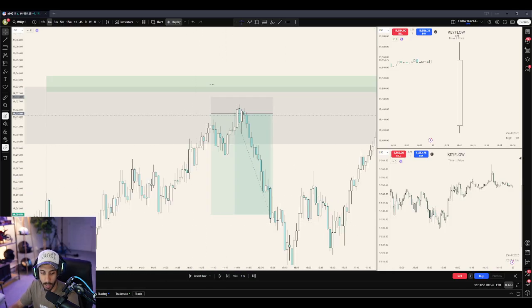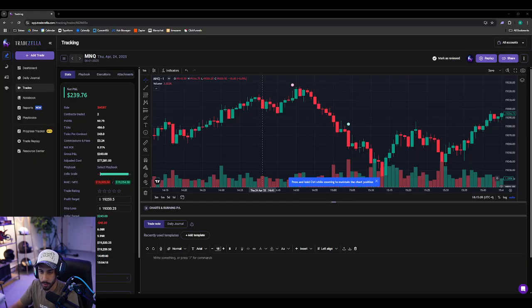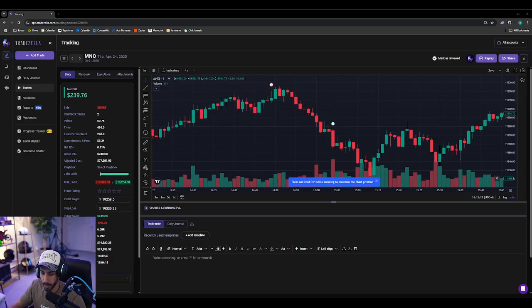Okay. Now, I will show you guys in a second what exactly this looked like as far as the trade itself. Okay, so here's the trade itself on TradeZella. All right, you guys look down here, this was a 5.99R realized. It was 6.08R, which I'm not sure why, because I realized the entire thing.